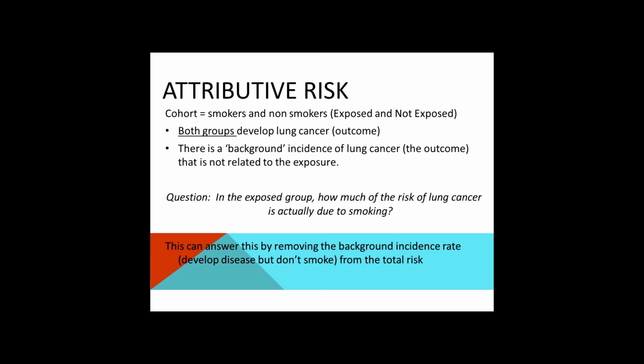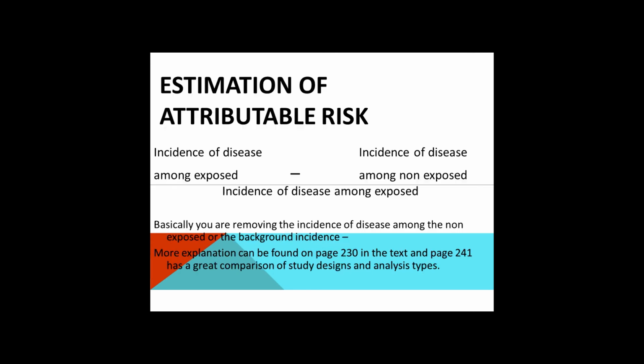And so what we want to see is how much more does smoking increase your risk of developing lung cancer over the regular background rate of you developing lung cancer even if you don't smoke. And this is called attributable risk. And it's pretty easy to calculate. You just have to do a subtraction of the incidence rate of your exposed minus your incidence rate of your non-exposed, and then we divide this by our exposed.